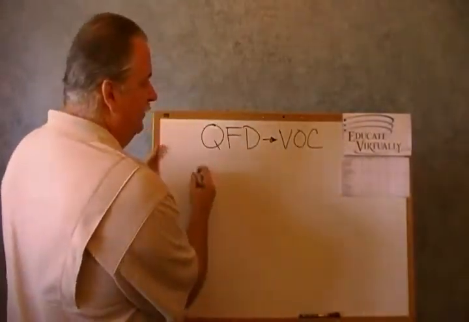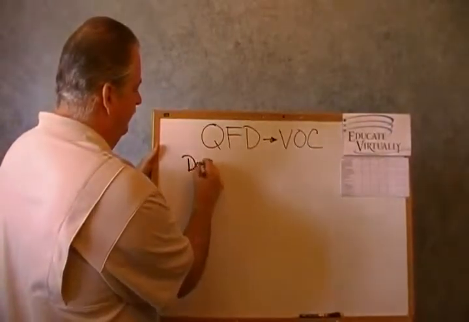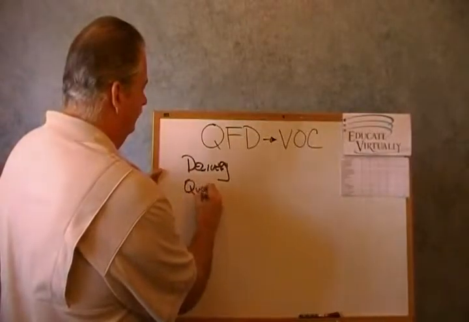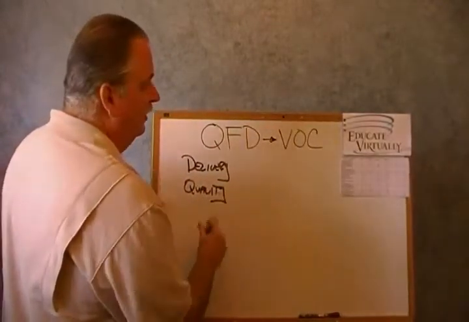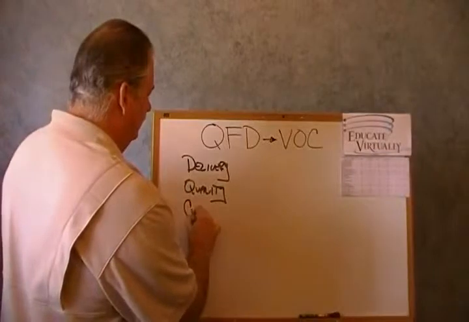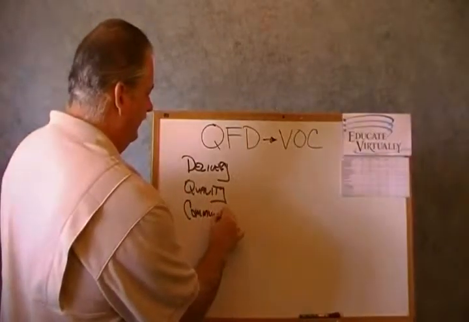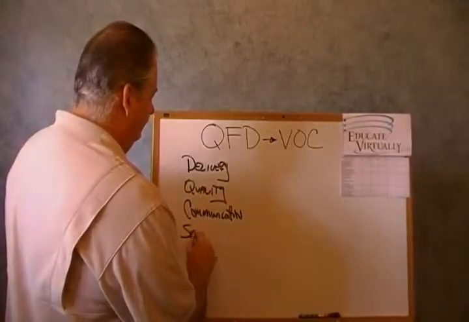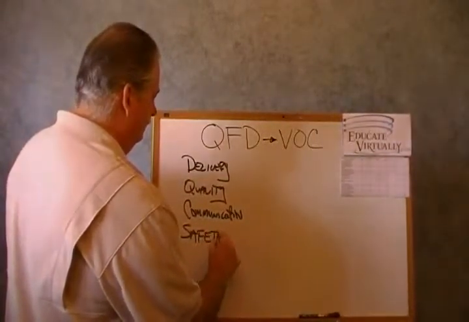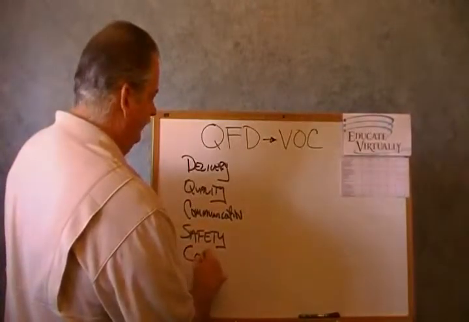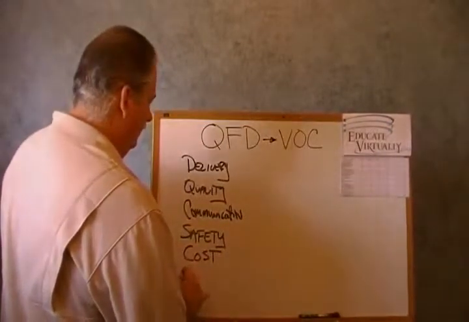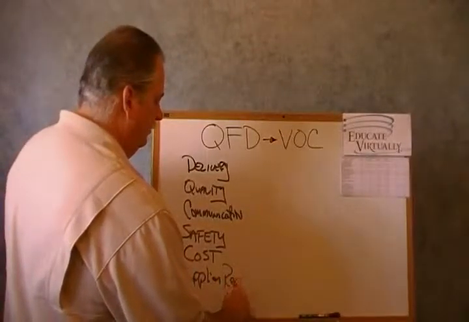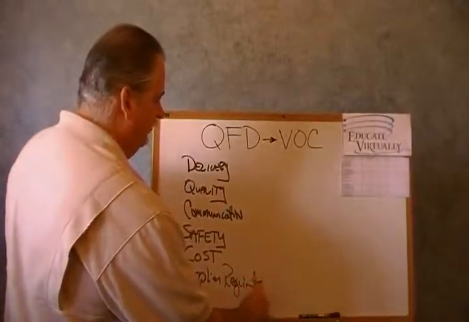So our VOC is going to include delivery, it's going to include quality, it's going to have communication, a very important feature, safety, cost, and our supplier requirements.